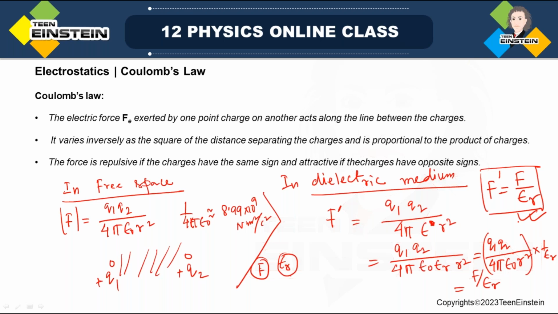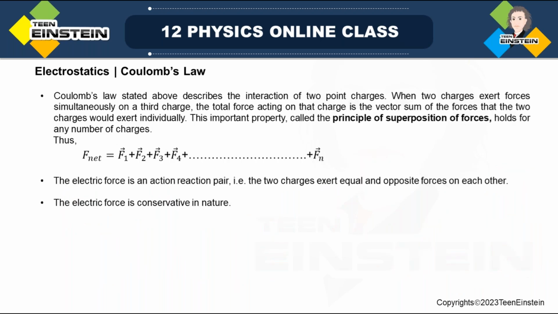So we'll move on to a few characteristics of this Coulomb force. First of all, an important characteristic is that it obeys the superposition law, or principle of superposition. What does this mean?